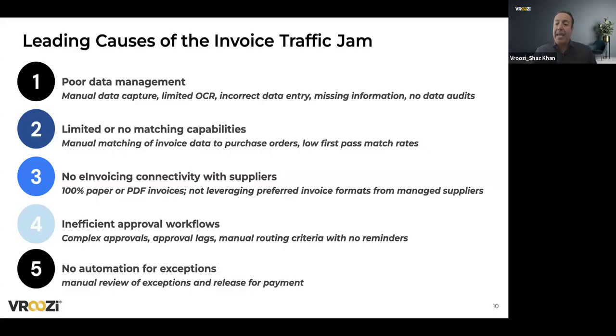When you overpay, yes, you could get that money back, but that's cash out the door. That's cycle time, and that is a lot of work to reconcile mistakes, right? So we want to reduce that. Limited or no matching capabilities. There are so many organizations still taking invoice data and doing manual matching to purchase orders with very low first pass match rates.